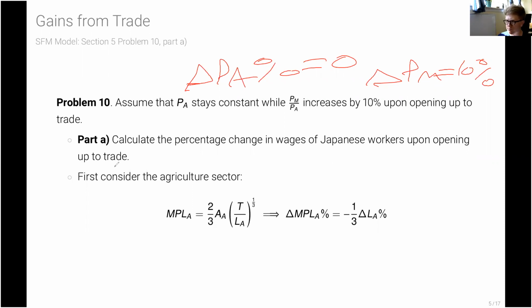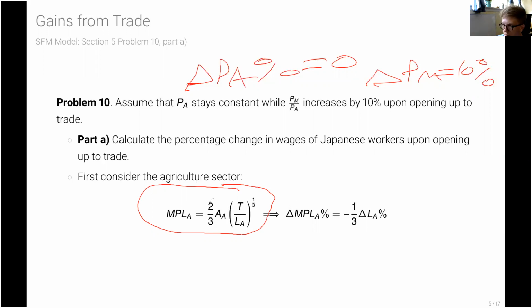So if we know that this is equal to our marginal product of labor, then we can use the rules of percentage changes to figure out how much the marginal product of labor in agriculture is going to change if LA changes.